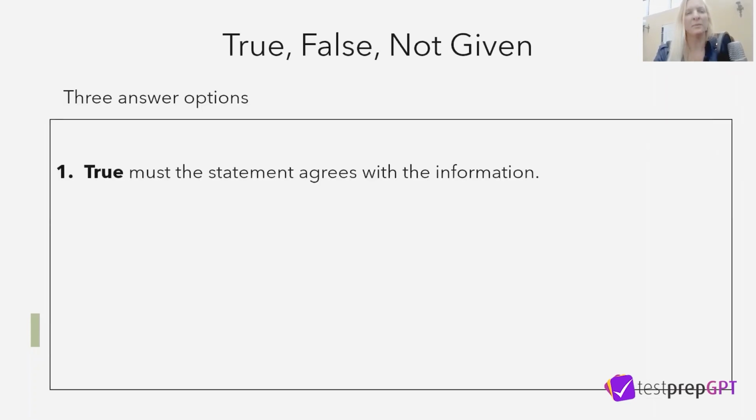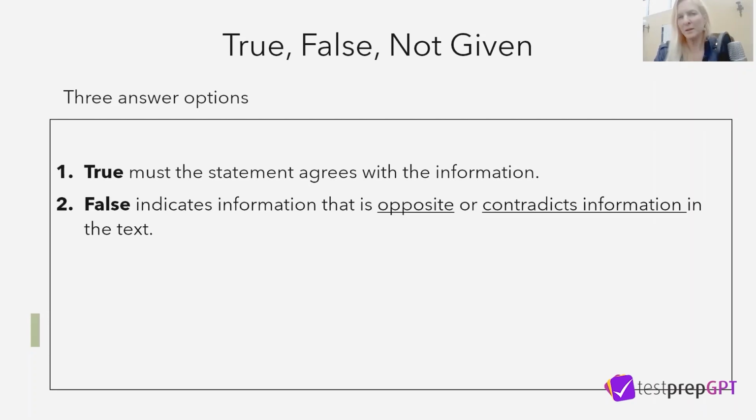So what does true mean? A true statement means that the meaning of that sentence appears in the text. It may appear as a paraphrase, it may appear in a slightly different way, but the information is provided in the text.